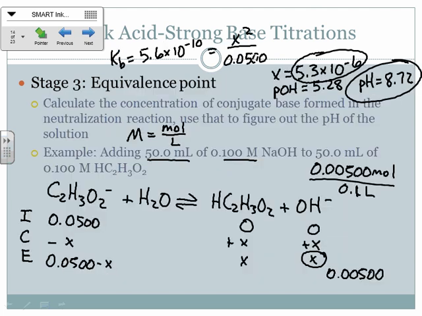At the equivalence point, I erased the first part of this, but you've used up all of your OH minus and all of your acetic acid at that point, so you have 0 of those, but you're going to have some of the conjugate base. That conjugate base is going to start doing equilibrium, so you need to do another ice table for this to figure out your concentration of your OH minus, and then find the pH from there, okay?